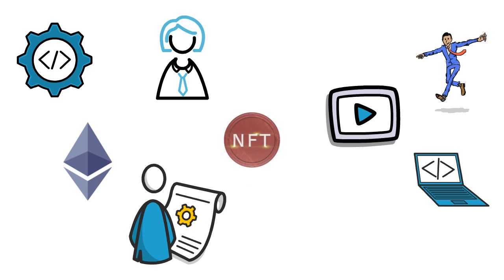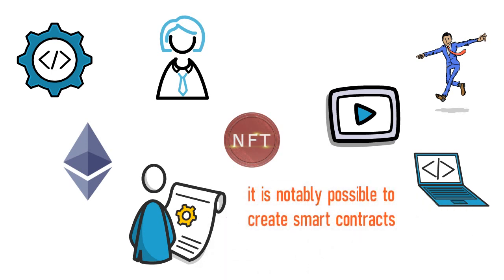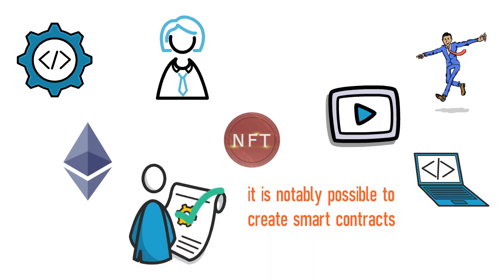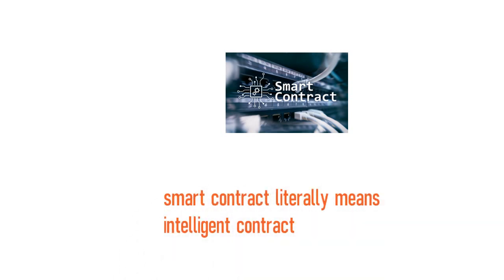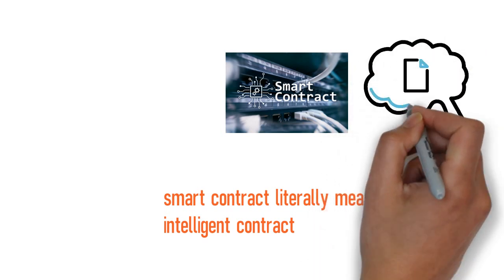In the insurance sector, it's notably possible to create smart contracts that can automatically compensate a client if certain conditions have occurred. The activation of a smart contract requires the conditions to be listed on the blockchain by a third party. Smart contracts are also used today to reward artists through crypto, copyright, and based on individual contribution. If a smart contract literally means intelligent contract, it should always be borne in mind that this software is not intelligent.